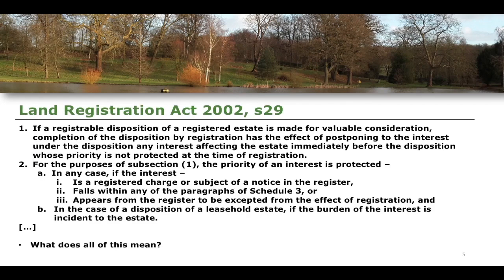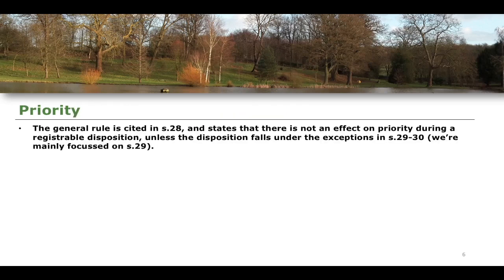Well, subsection 1 is the most important part of this particular piece of legislation. What it tells us here is that the general rule that we saw in section 28, which was the rule of priority, states that there is no effect on priority during a registrable disposition.